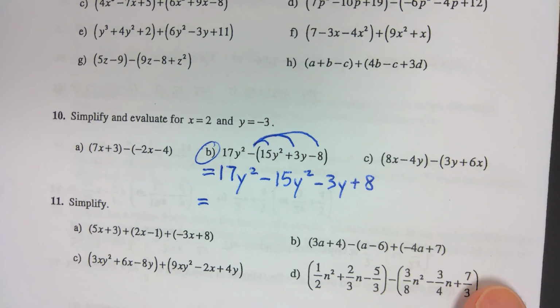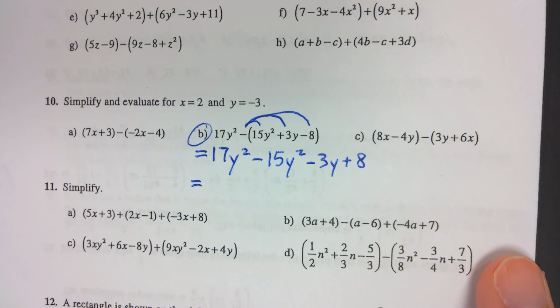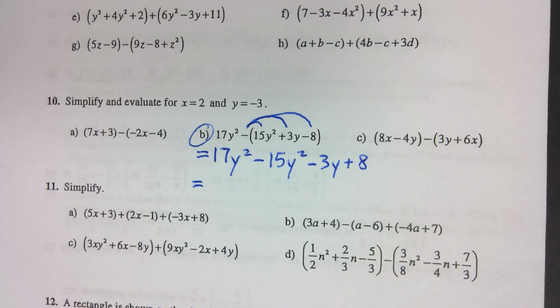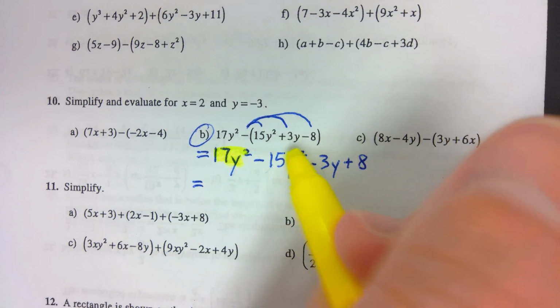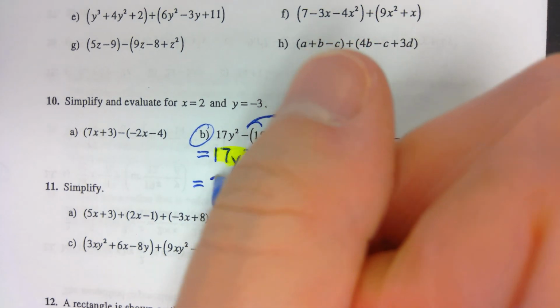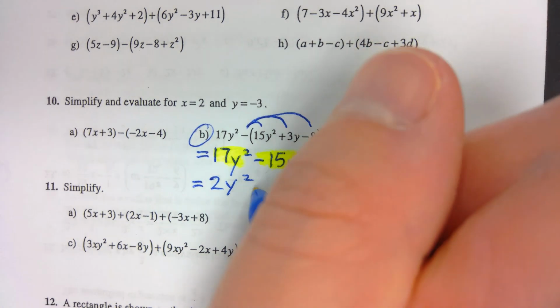Okay, simplify it. Somebody simplify this for me? Noel? Perfect. 2y squared. Can I combine anything else? Nope. So I just copy it straight down.